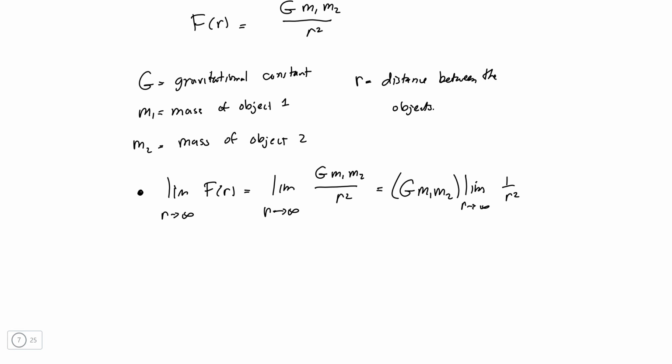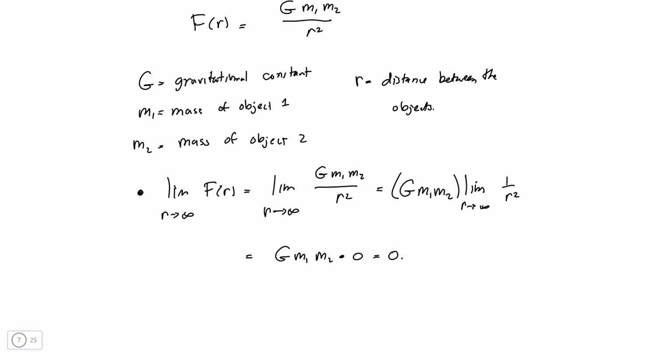We just saw above, we did it with x's, but the variable doesn't matter. That thing is going to go towards 0. So this is G m1 m2 times 0, which is just 0. So as we let the objects get infinitely far apart, the force due to gravity between them goes towards 0.